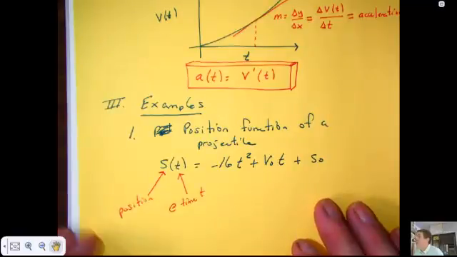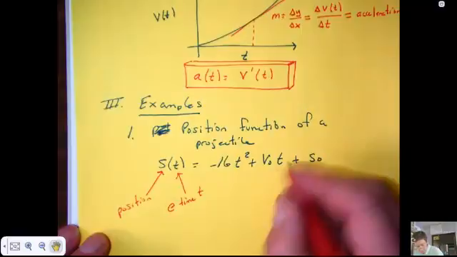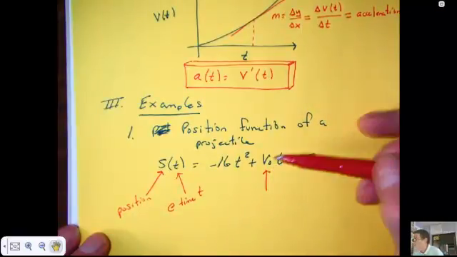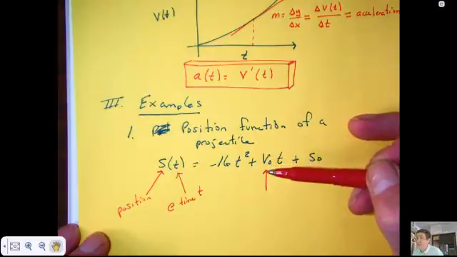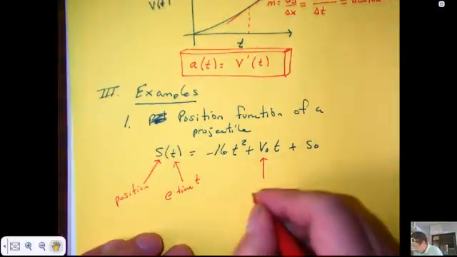And then some other different notations. What do you think v sub 0 stands for? Yeah, v would be velocity, and the subscript 0 just means at time 0. So this would be the initial velocity.